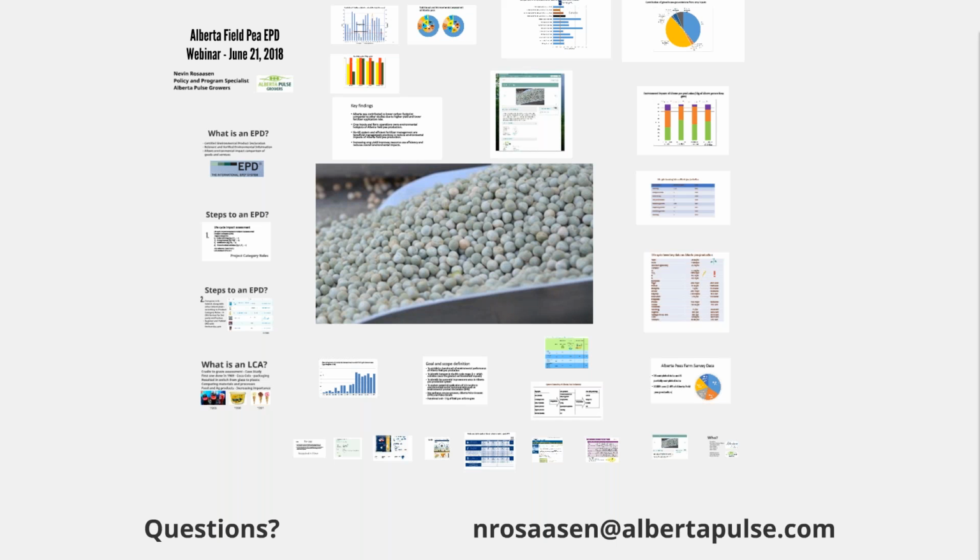So these are ways that we intend on using this EPD to communicate to, yes, levels of government, but also to ultimately those end users, processors, ingredient suppliers, and manufacturers on this good news story of Alberta field peas and the very low environmental product footprint that we have achieved with them.